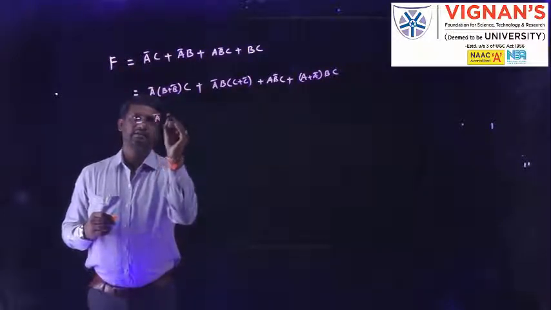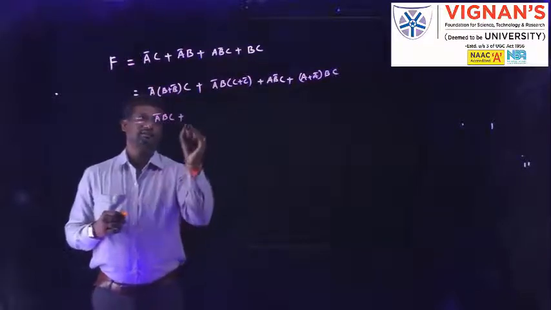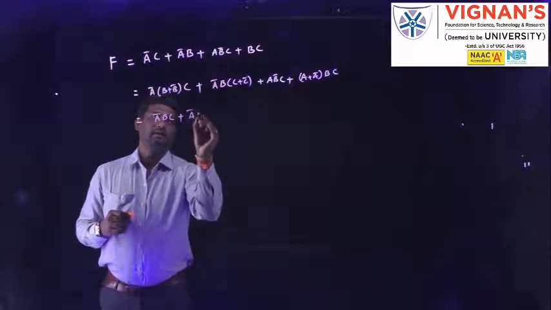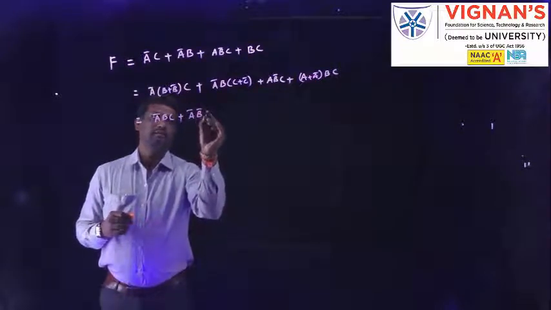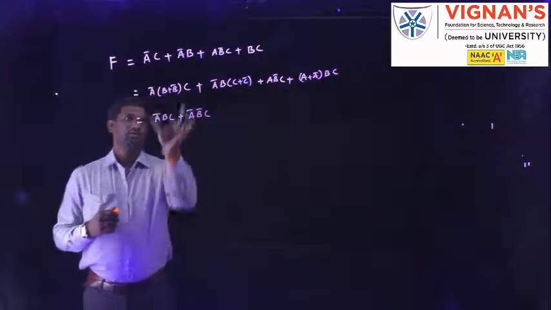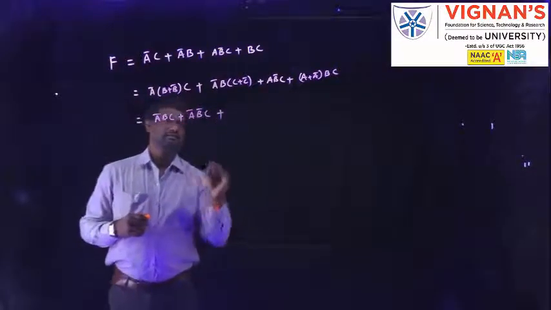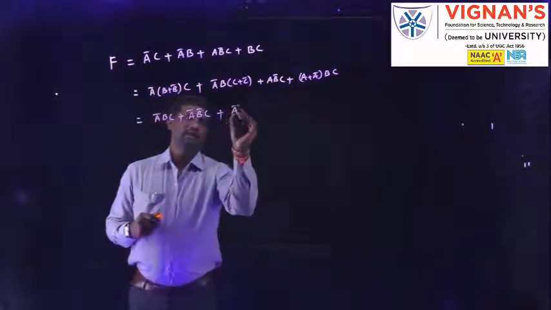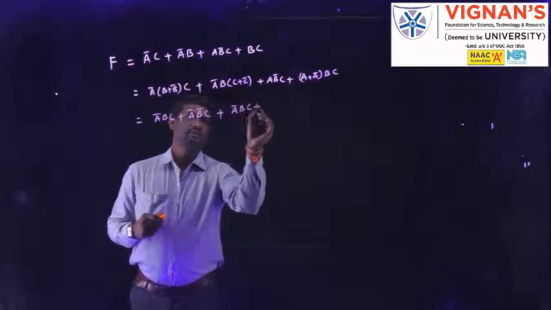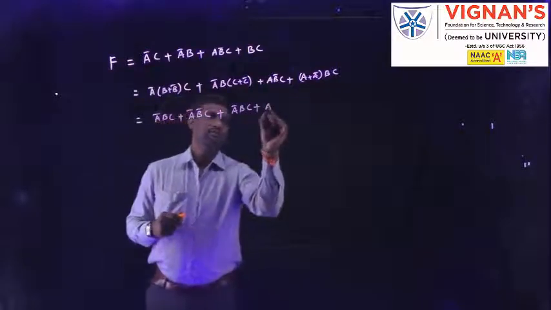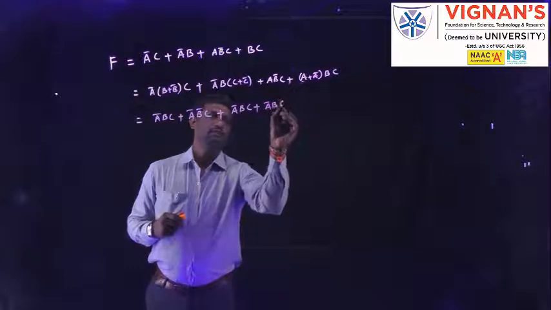That means a bar bc plus a bar b bar c. So simple multiplication. Similarly, the second one, a bar bc plus a bar b c bar.